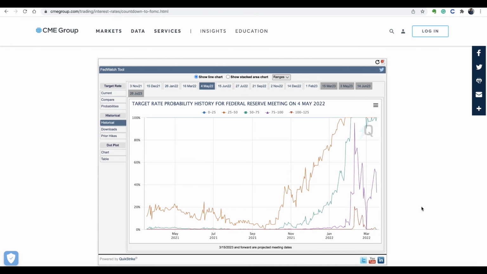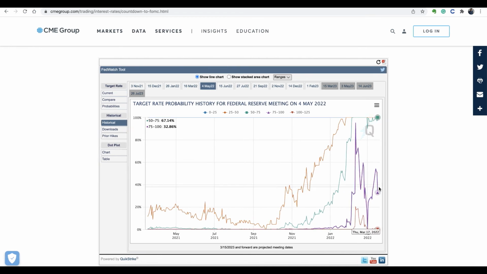So if you see that this purple line is starting to move higher every week, so if it will create some trend, then probably you will see that the market is trying to push more on the defensive assets, because it thinks that inflation is going faster than the Fed can react.